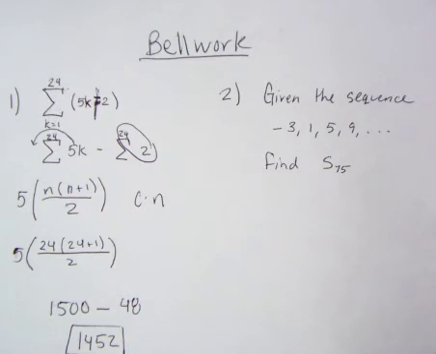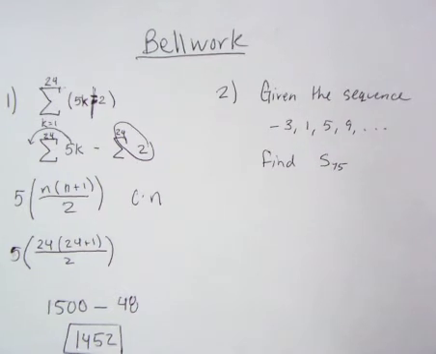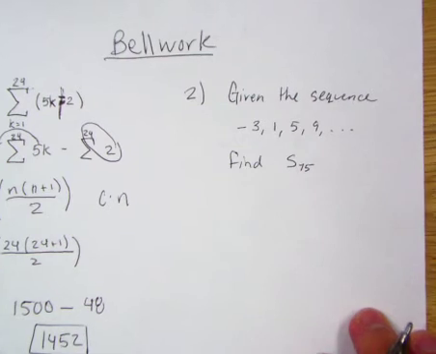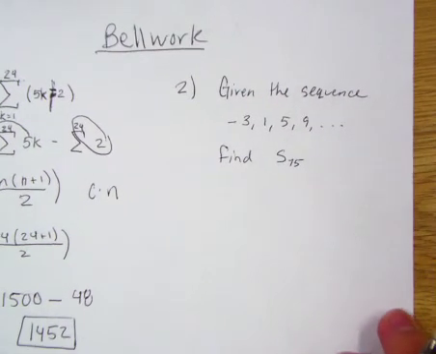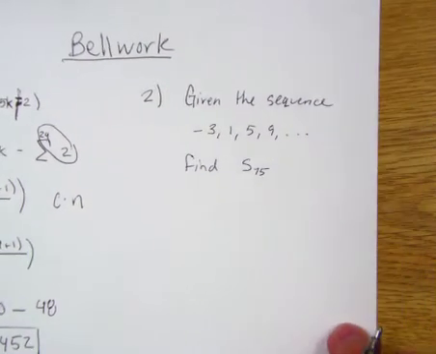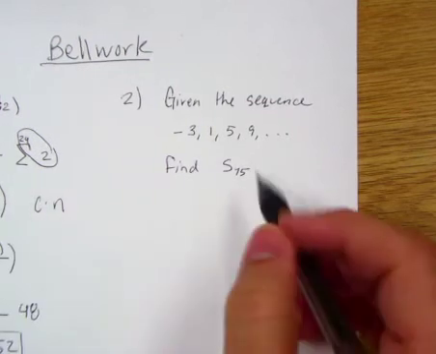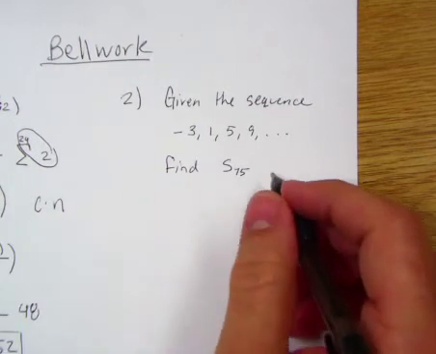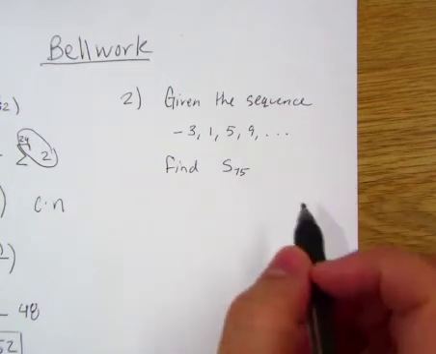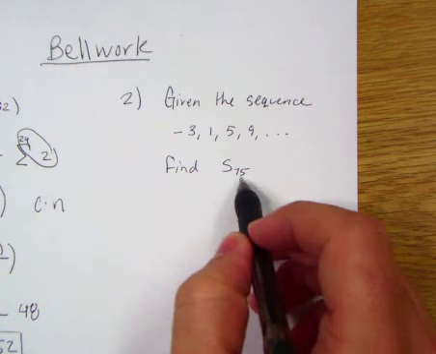Okay. Now the other type of sum that we did is a little bit different in that there's not this sort of sigma use and all that stuff, but there is a different way of going about a sum when it looks like this.